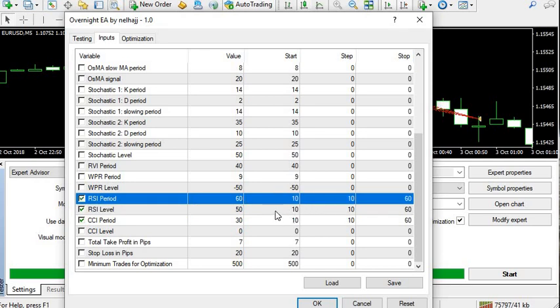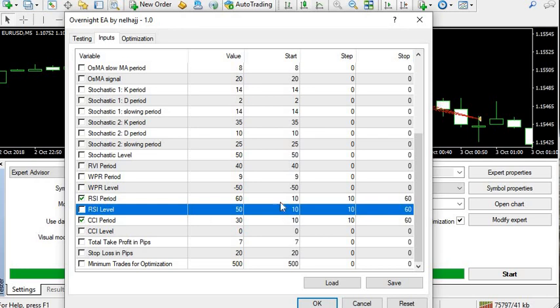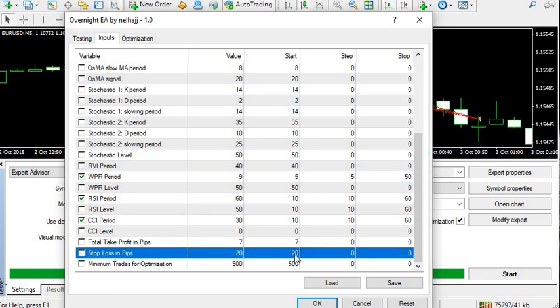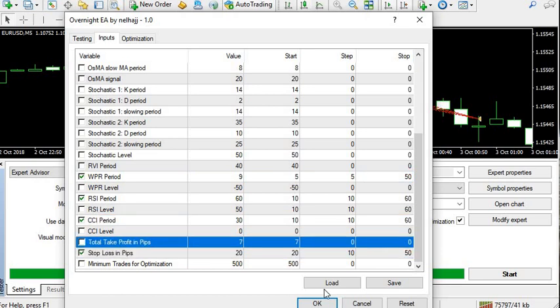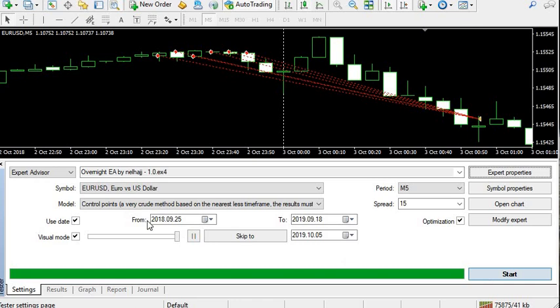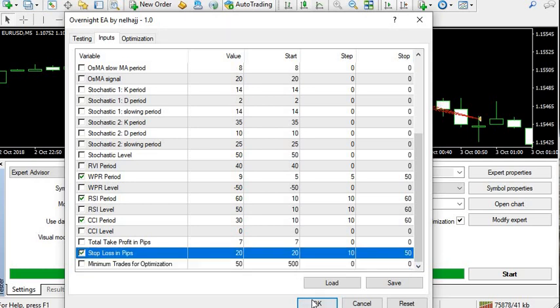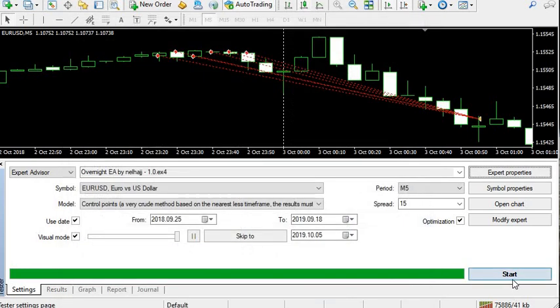If you're not familiar with optimization, there's plenty of videos and articles which explain it, so I'll leave that up to you to check out. Alright, so I'm going to reduce this to 50 actually, and I'm going to start optimization.